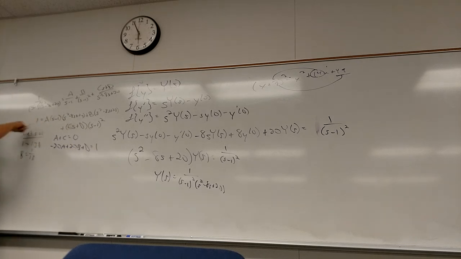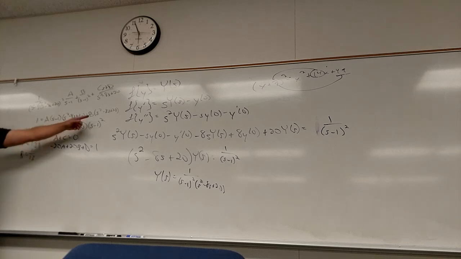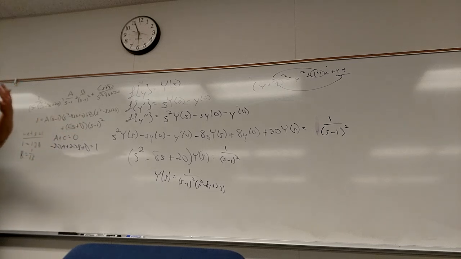That's the constants. So I know B, and I still need one more connection. And again, if you don't like this approach, if you want something a little more systematic, then just multiply it out, get the coefficients of your like terms together, and make a big old system of equations. Nothing wrong with that at all.